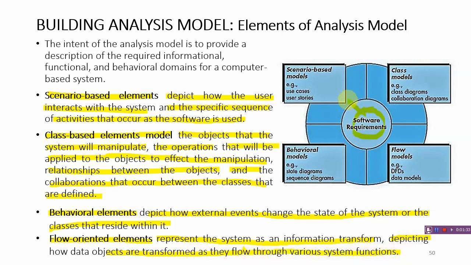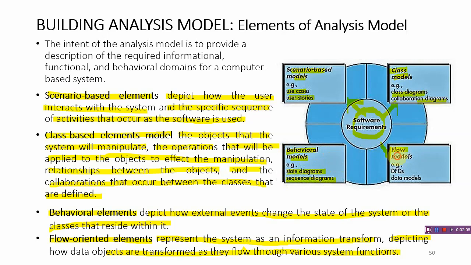You can model these software requirements by various types of models. The first one is the scenario-based models, which are represented by use cases and user stories. Another is the class model, represented by class diagrams, collaboration diagrams, composite structure diagrams, etc. The third one is the behavioral elements model, which can be represented using state diagrams and sequence diagrams, where the behavior of the system is captured.